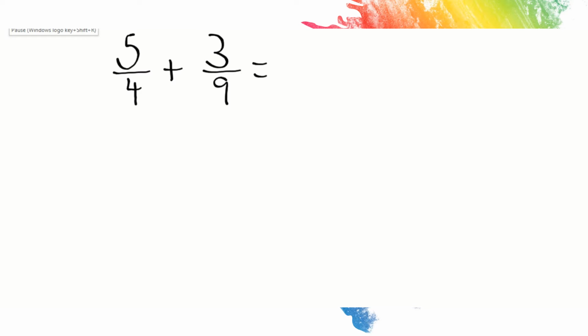So we need to think about the steps to success. I can notice straight away on my fraction that the denominators are different. We can see that they're different there.